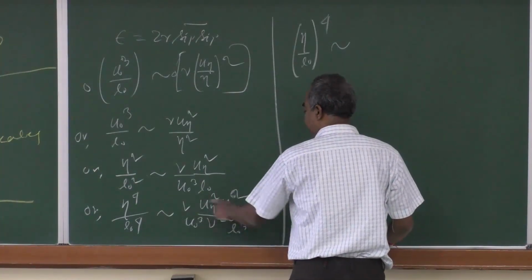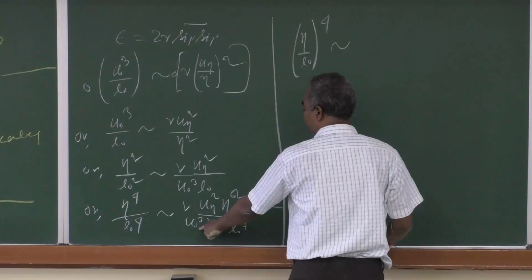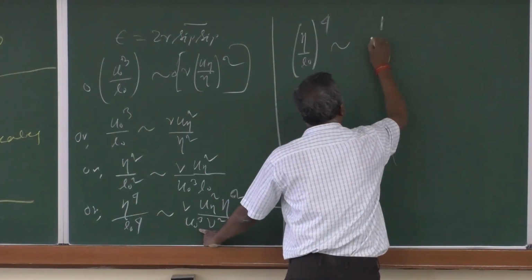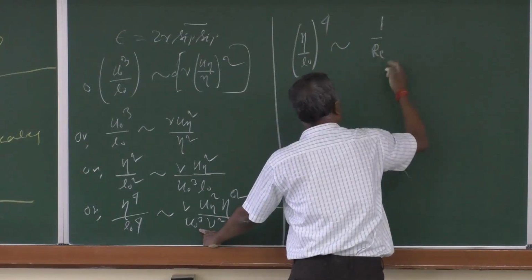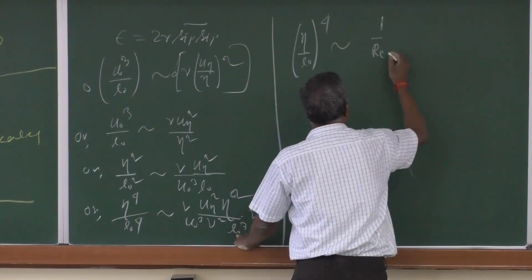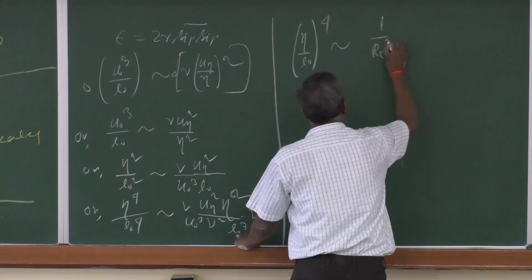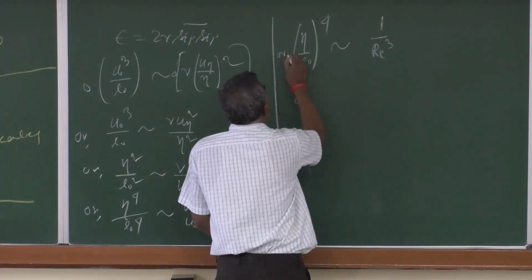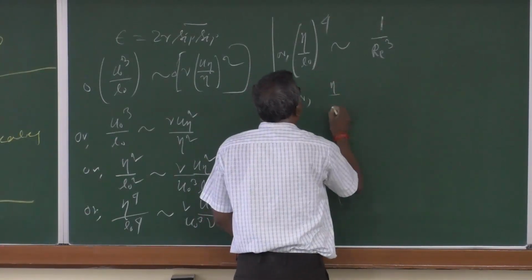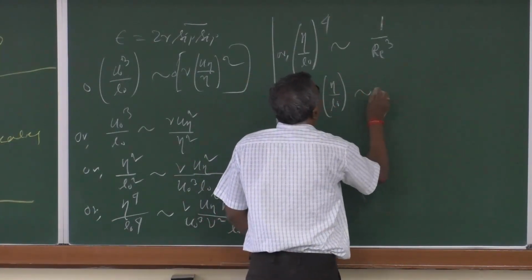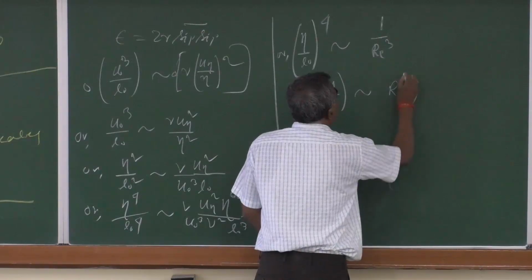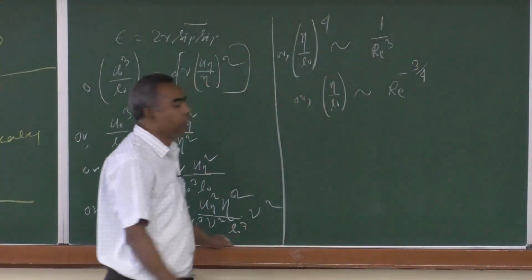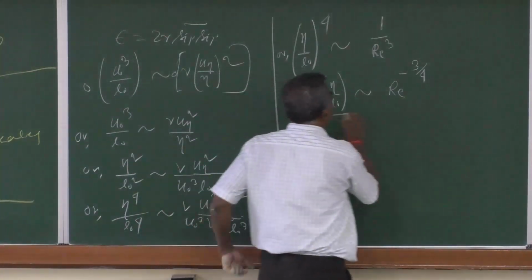That means we are left with nu cube by L cube u naught cube. So, essentially we are left with 1 by Re, okay. Re is based on this length scale and u naught cube, right. So, essentially we are getting eta by L naught of the order of Re to the power minus 3 by 4. Okay. So, this is what we get from this.